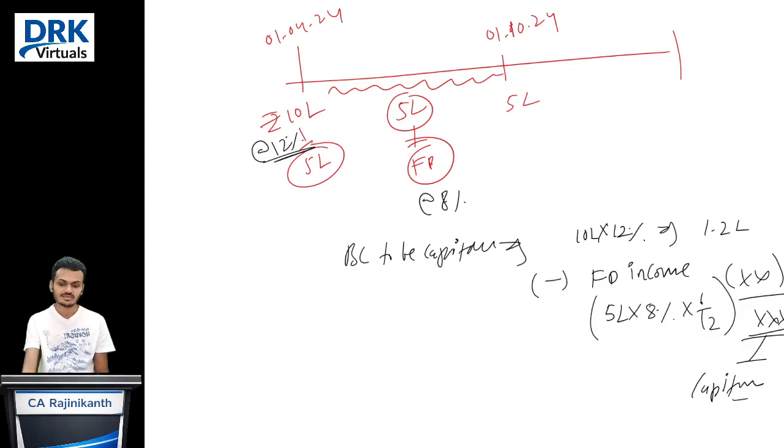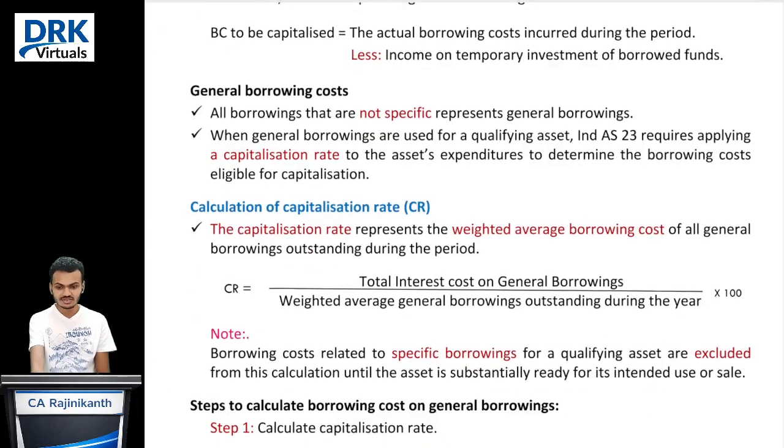Right? And next one is general borrowings. This is important for your exams. So what is general borrowings? Sir, if it is not a specific borrowing, we can say that it is a general borrowing. Yes, you are correct.